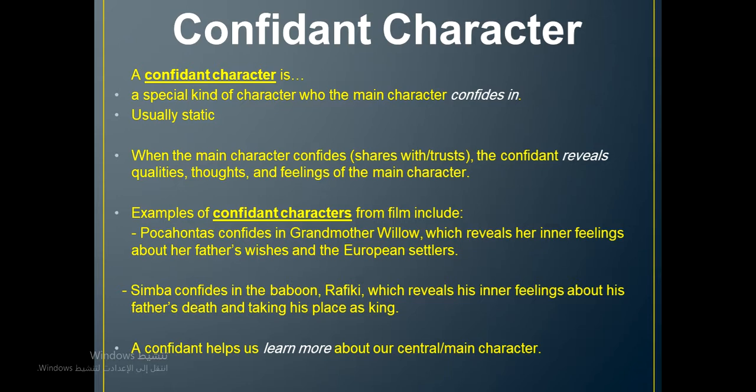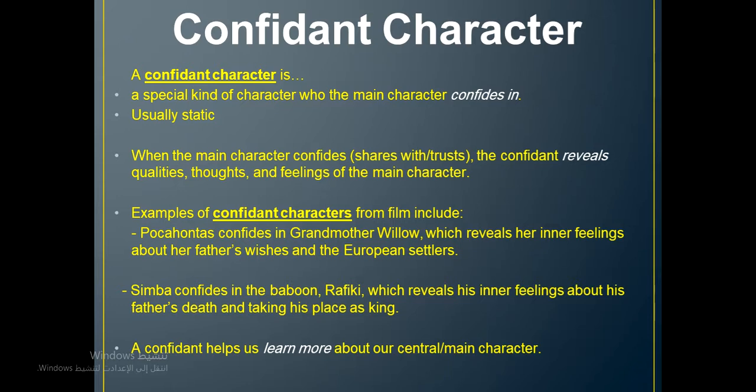When the main character confides, for example, shares with or trusts, the confidant reveals qualities, thoughts, and feelings of the main character. A confidant helps us learn more about our central or main character.